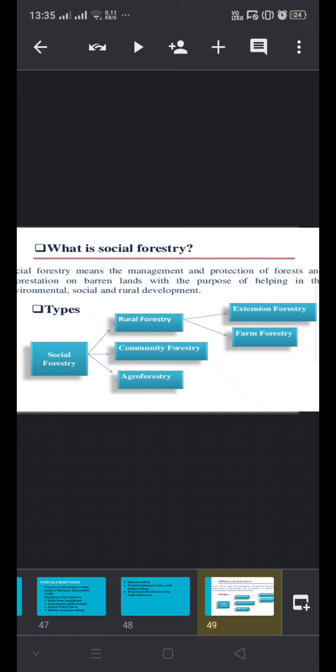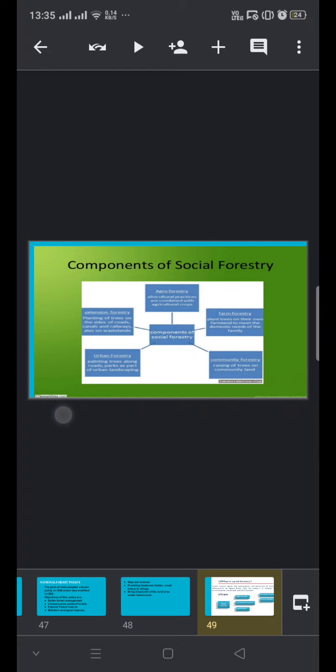Next, objectives of social forestry. In this slide you can see social forestry. On this depends the rural forestry, community forestry and agroforestry. Is that clear? Okay.